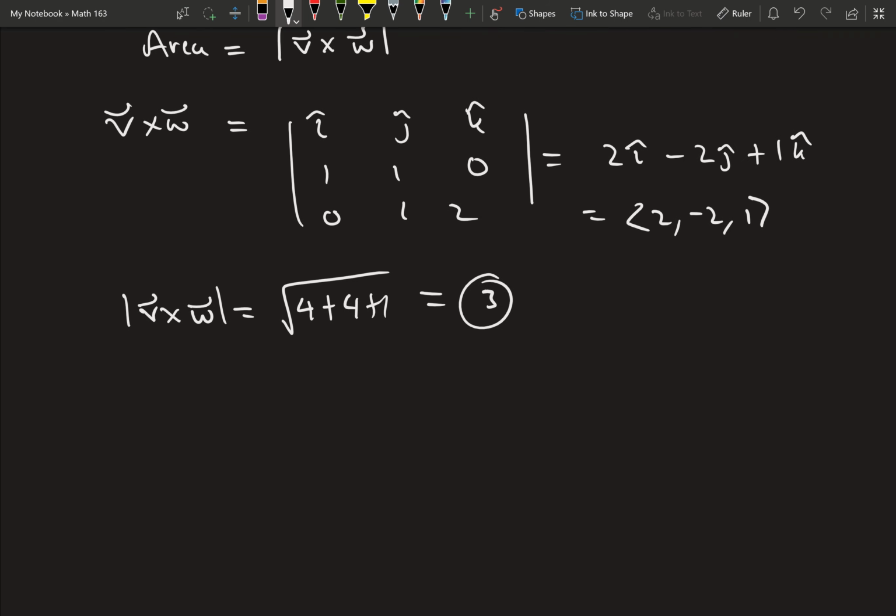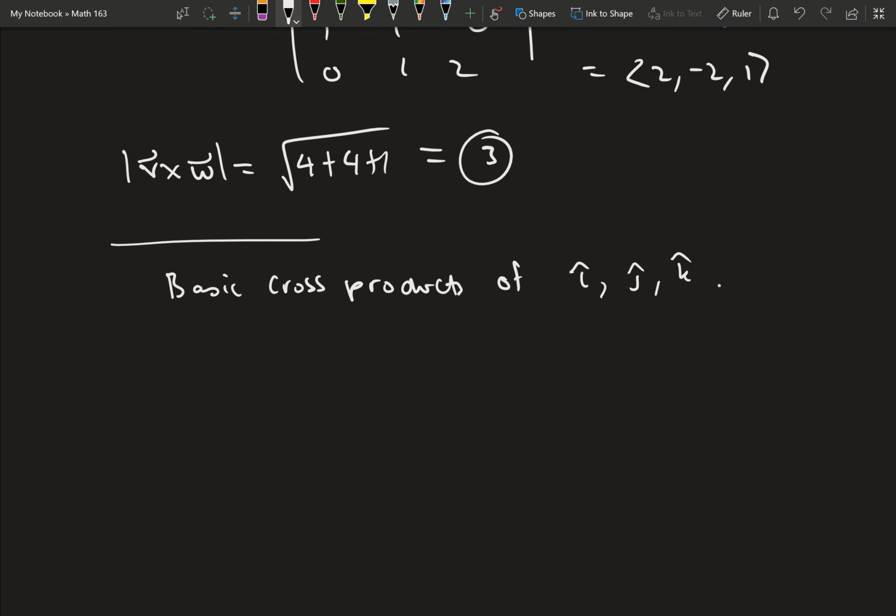Now a couple of things I wanted to note. So some basic cross products of our so-called standard basis vectors, i, j, and k. I'll show a shortcut right now. Here's i, j, k.